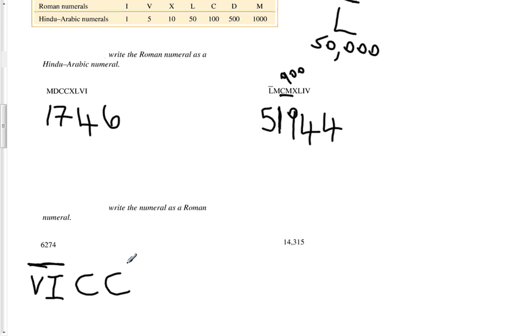And then we have 70. That's going to be an L and two X's, to represent 50 plus 10 plus 10, which is 70. And lastly, we have a 4, which is IV.